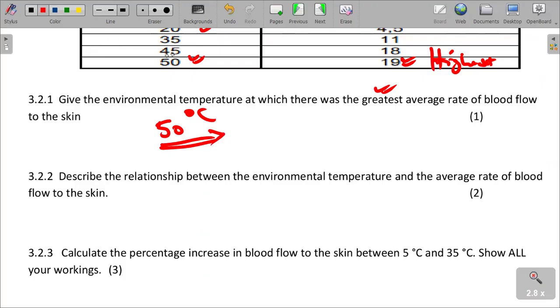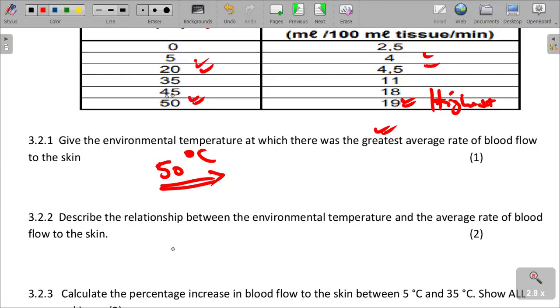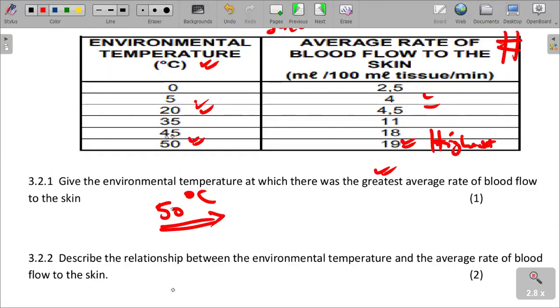And then the next question is saying, describe the relationship between environmental temperature and the average rate of blood flow to the skin. So we need to look at what is exactly shown.